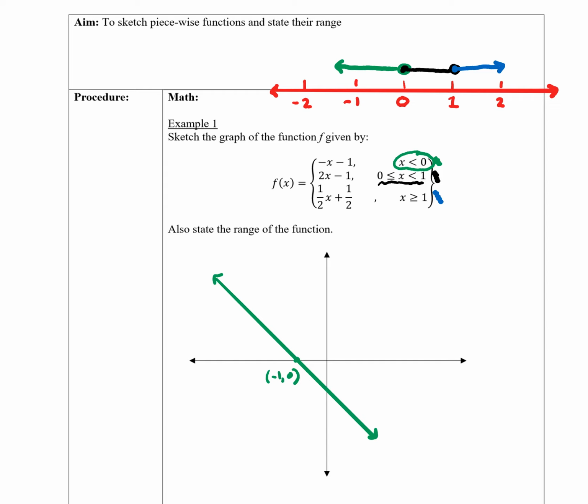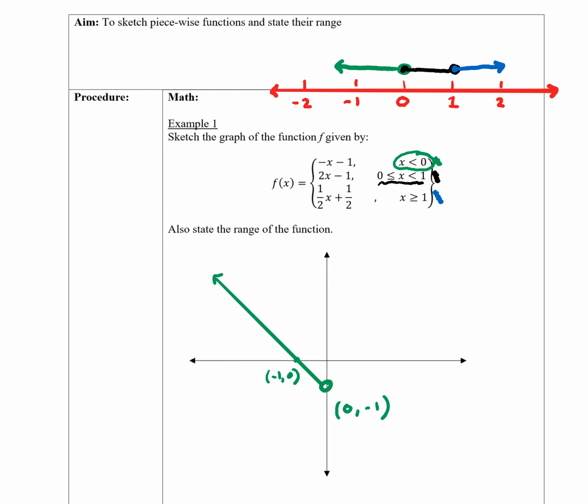And we know that we need to stop this when x equals 0, because that's our domain. So everything that exists to the right of that y-axis I'm going to ignore, and we know that it can't include that. The y-intercept in this case, remembering mx plus c, is telling us that it's negative 1.